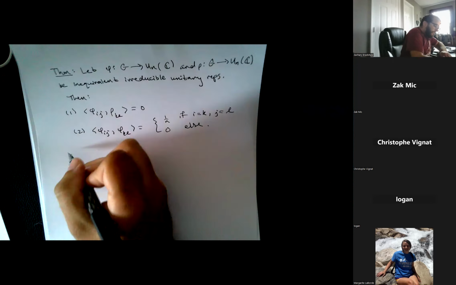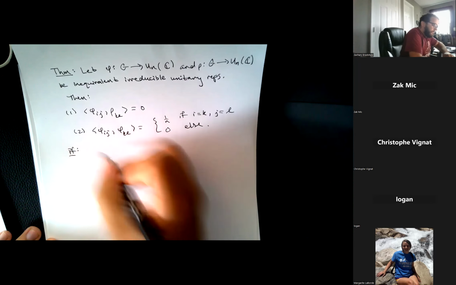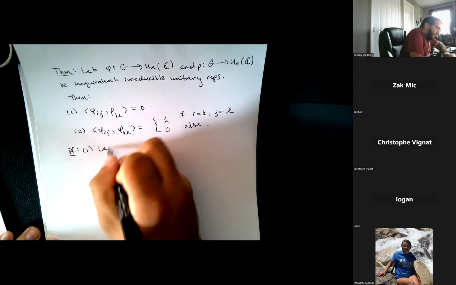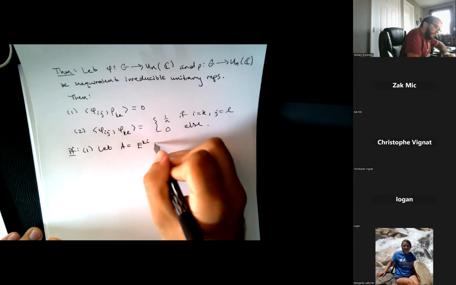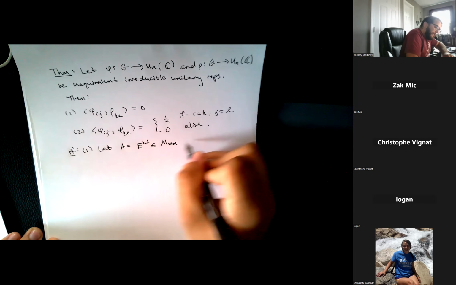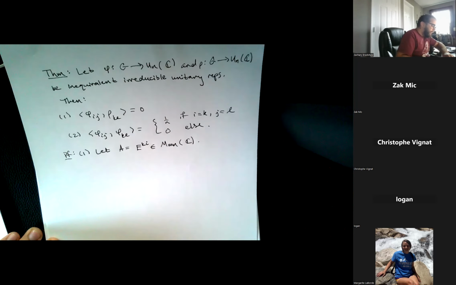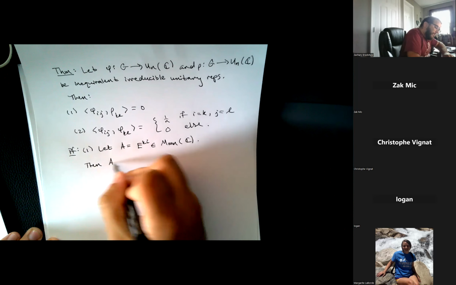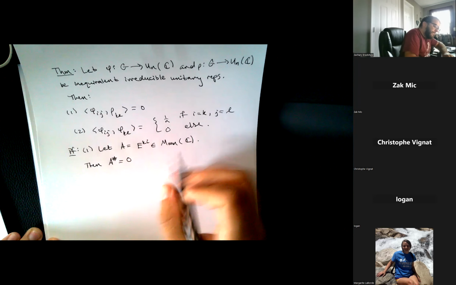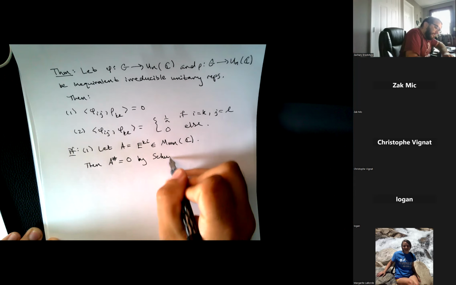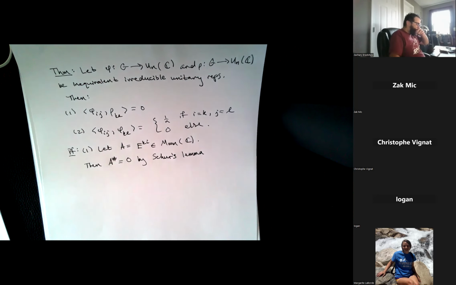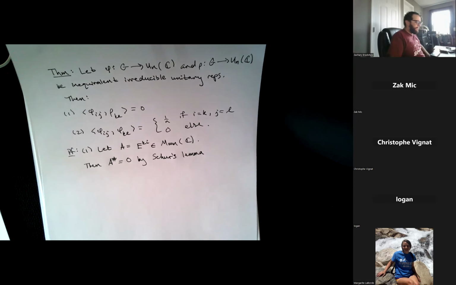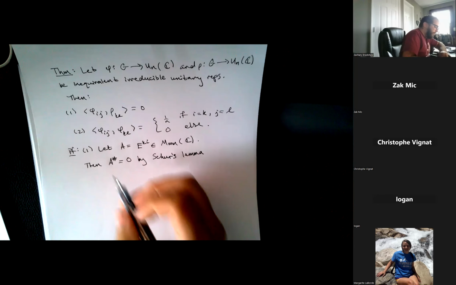Okay. Here's the proof. Let's start with 1. Let A equal E_KI once again, which is an m by n matrix. Well then, A sharp, or the twirl of A, is equal to 0 by Schur's lemma, because it's definitely not an equivalence of representations, and those are the only two options.